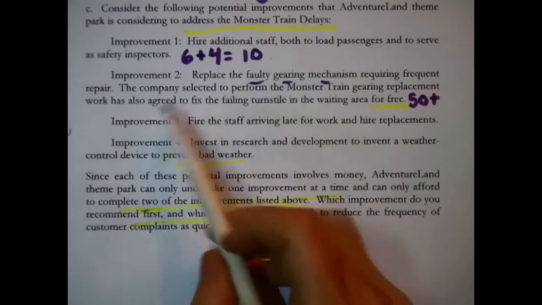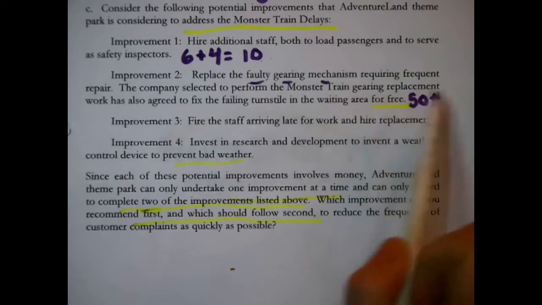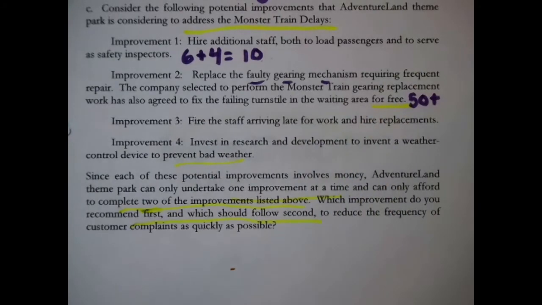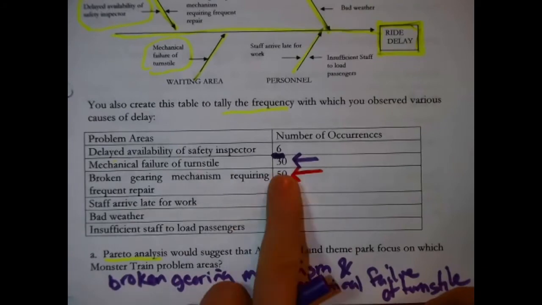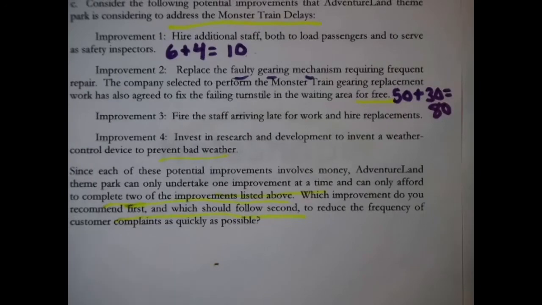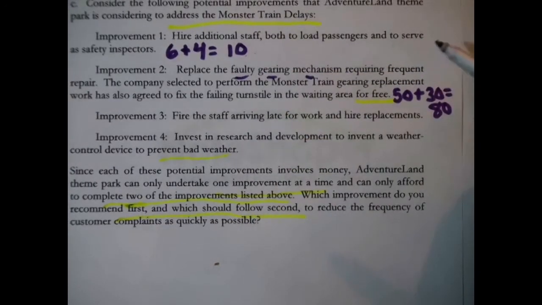And then that additional sentence, the company selected to perform Monster Train gearing replacement has agreed to fix the turnstile for free. That was the second category that we mentioned for the first part of the scenario. 30 occurrences in the past were from failure of the turnstile. So I have a suspicion that this one's going to be a big winner, but at any rate, we should give it higher priority than the first one because it's a higher number of past occurrences.